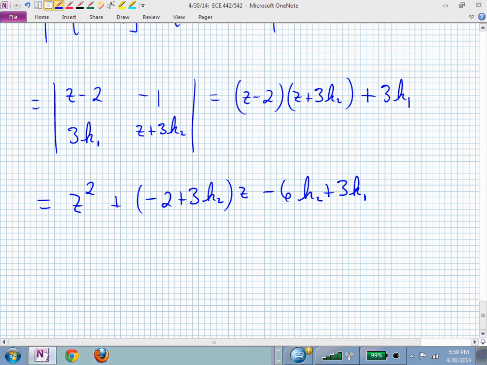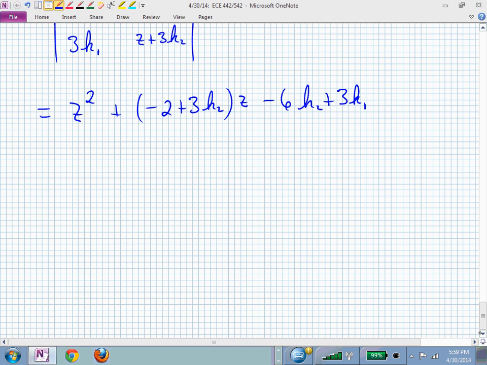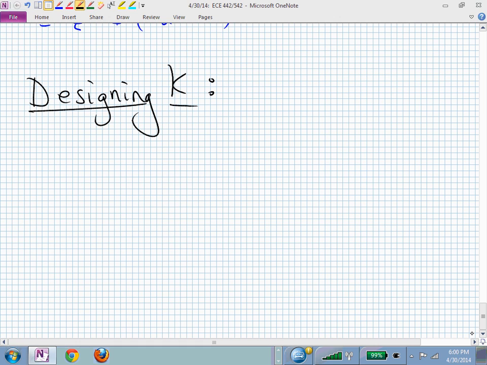So here's the process then, and we'll work through it for this particular example. But this process of designing K generalizes to any order system. It could be a 10th order.